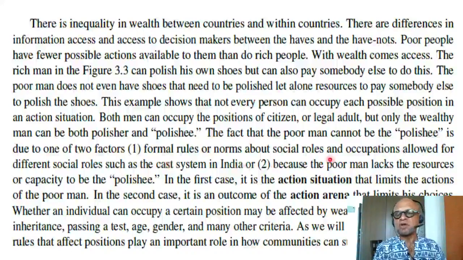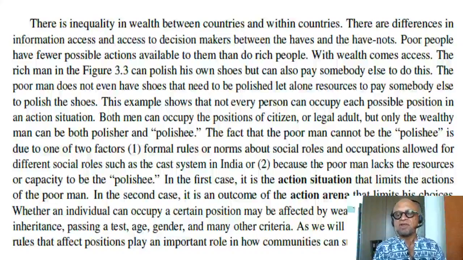Formal rules or norms about social roles and occupations allow for different social roles, such as the caste system in India. Or, because the poor man lacks the resources or capacity to be the polishee. In the first case, it is the action situation that limits the actions of the poor man. In the second case, it is an outcome of the action arena that limits his choices.